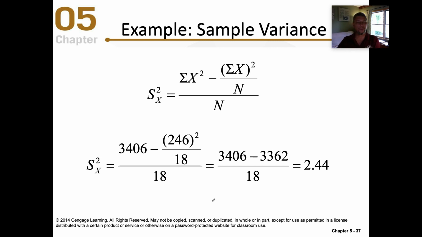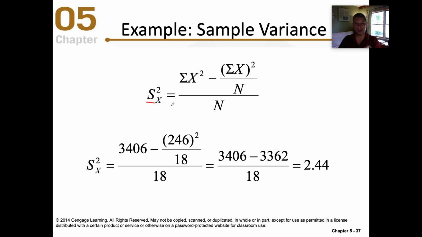We'd use this formula. Notice we're using the capital S, and that means we're dealing with the sample. This is going to be the sum of x squared, which we know is 3,406. This term here is the sum of x, which is 246, but we're going to square that, and then divide it by n, which I know is 18.